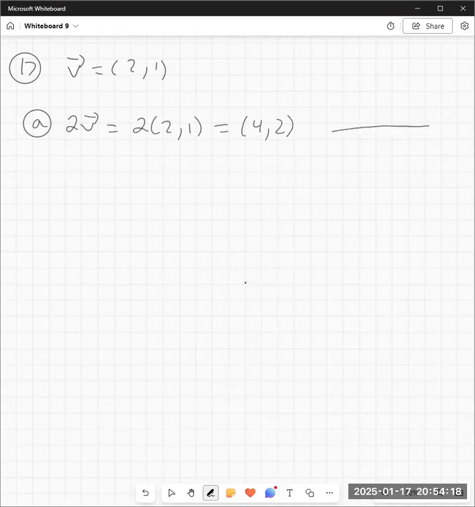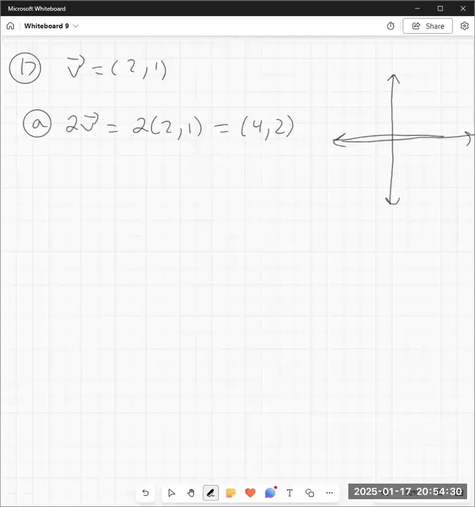And we're supposed to draw that. It's really hard to do this freehand. I do this with graph paper and straight edge most of the time.